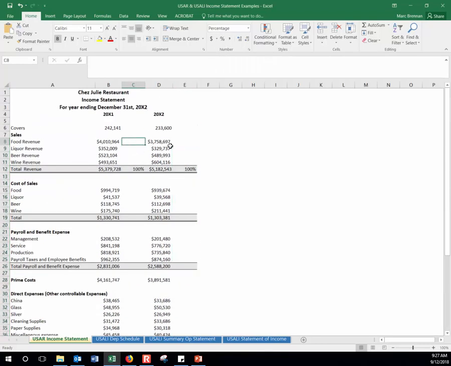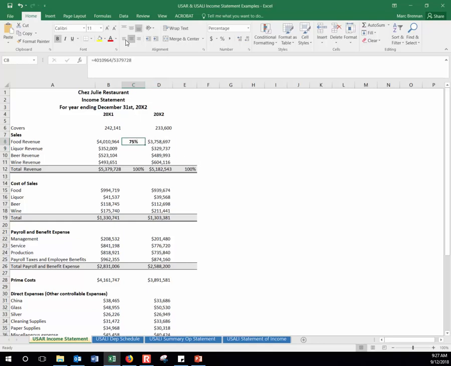Our total revenues will always be that common number, therefore they will always be the 100% that we're comparing everything else to. If I wanted to find out what the breakdown of my food revenue was as a percentage of total revenue, I would divide my 4,010,964 by my total revenue, $5,379,728.